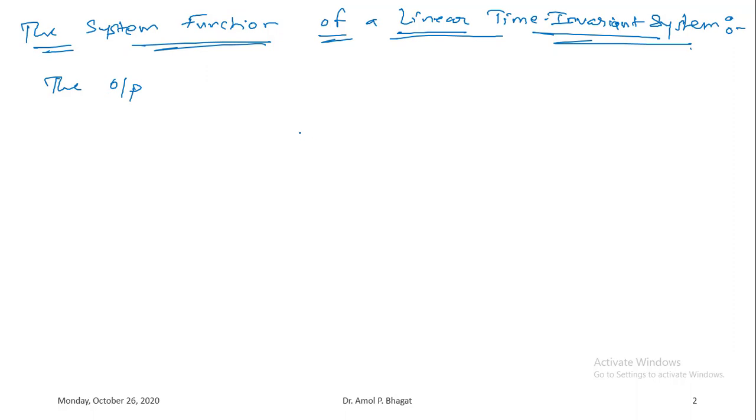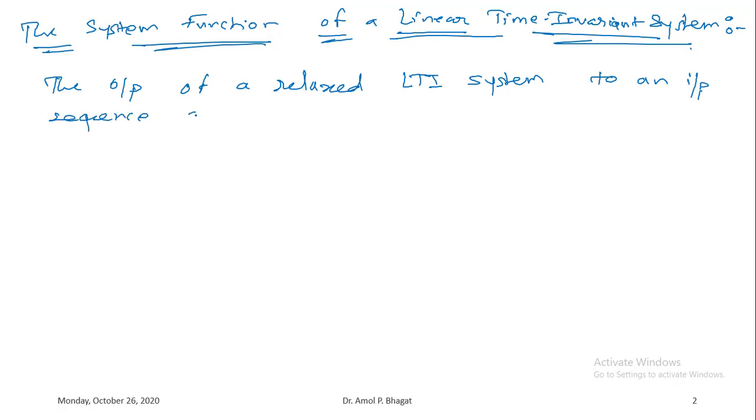So here we'll consider that the output of a relaxed LTI system to an input sequence x of n can be obtained by computing the convolution of x of n with the unit sample response of the system.